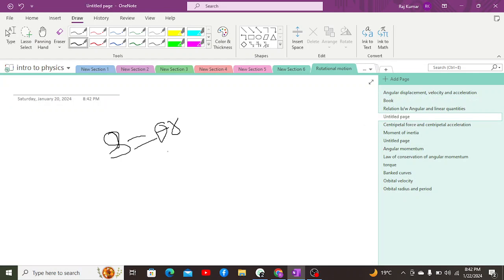So in this case, let's suppose we have a wheel. This is a wheel, and this is the center. It's the radius. Actually, it's a bit misdrawn. So when the wheel covers a distance, it subtends an angle theta, which would be considered as its angular displacement.